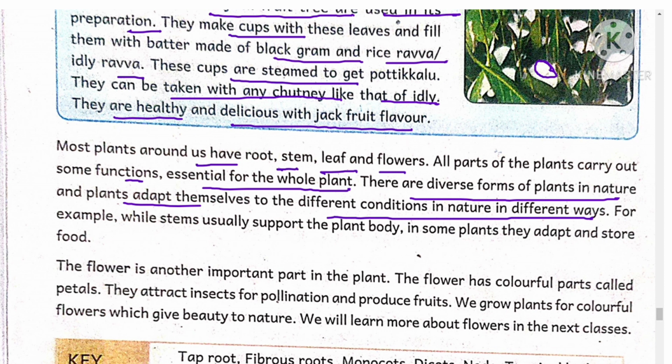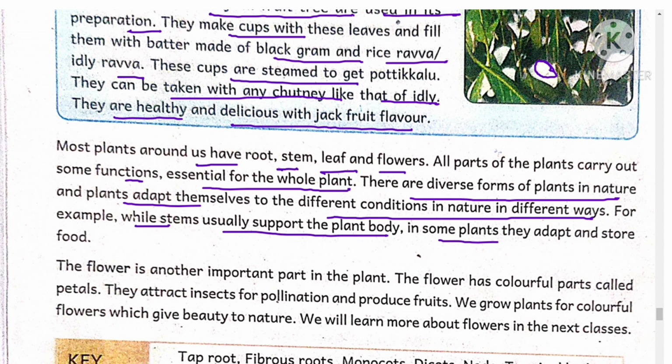For example, while stems usually support the plant, in some plants they adapt and store food. The stem gives support to plant parts like branches, leaves, flowers and fruits, and sometimes the stem is modified and helps to store food also.